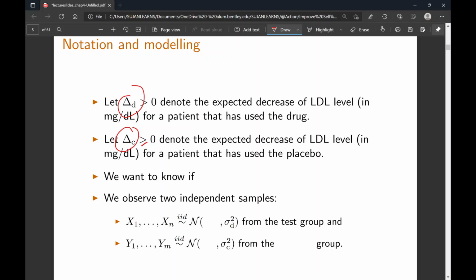Now, as a pharmaceutical company, I want to know whether delta D is greater than delta C. That's what I want to know as a pharmaceutical company. How are we going to do this? How are we going to find this out?